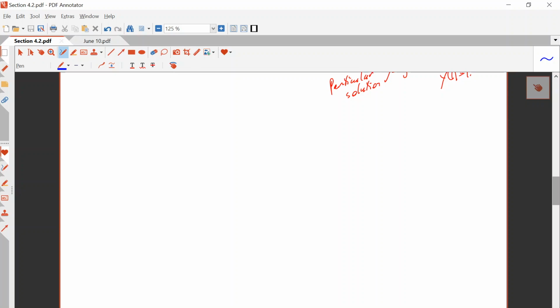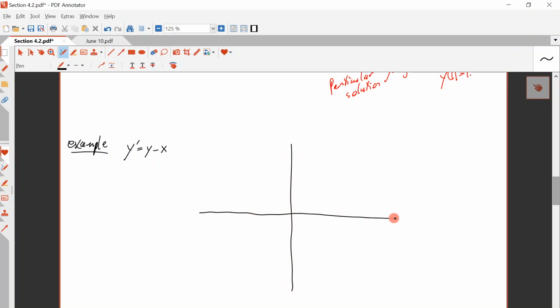How about y prime equals y minus x. So where x is equal to 0, which is on the y-axis, the slope is just equal to the y-coordinate.